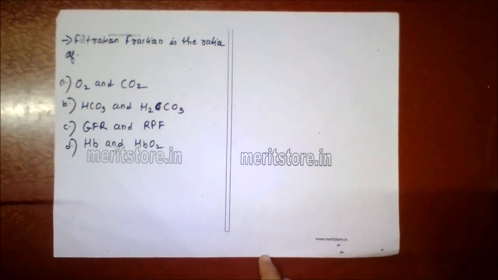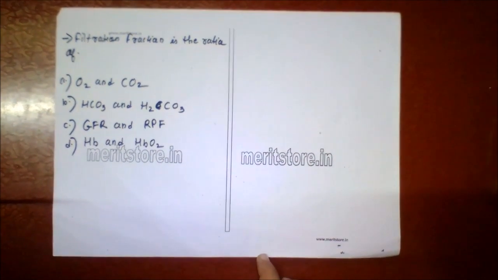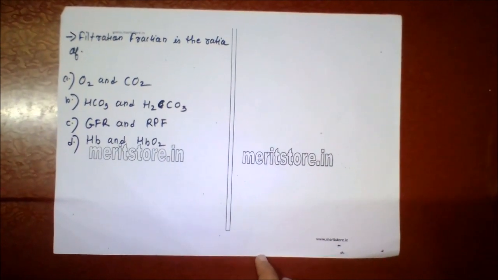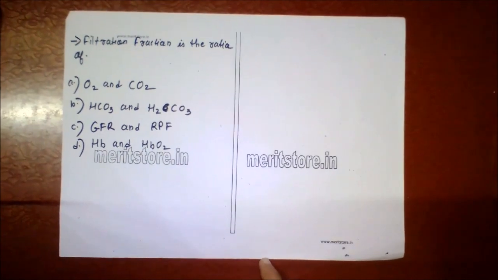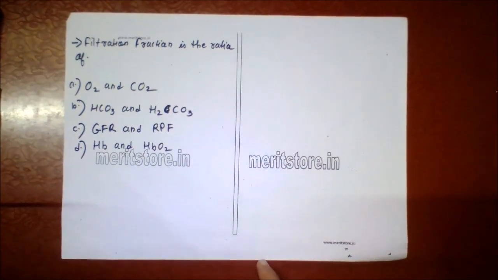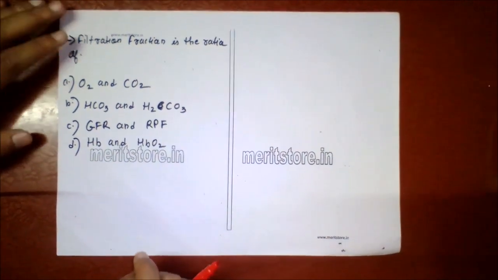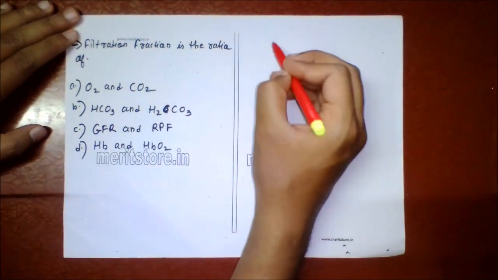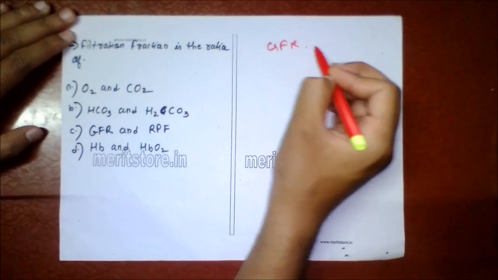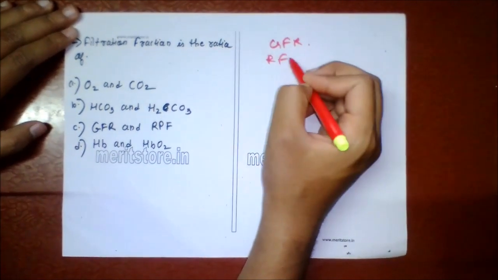Filtration fraction is the ratio of: A. oxygen and carbon dioxide, B. HCO3 and H2CO3, C. GFR and RPF, D. hemoglobin and oxyhemoglobin, that is HbO2. So filtration fraction is the ratio of GFR and RPF.